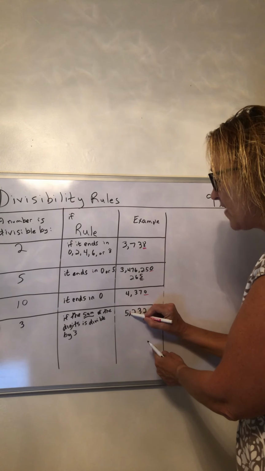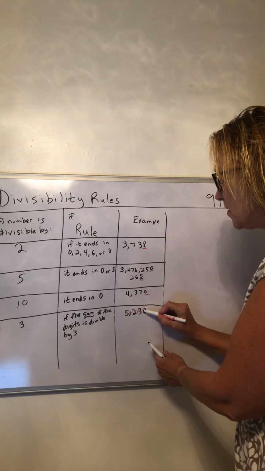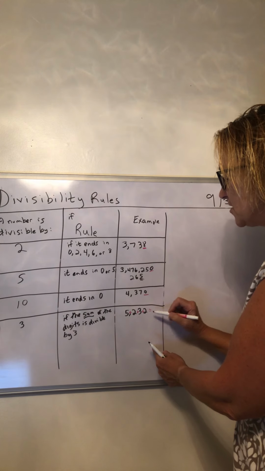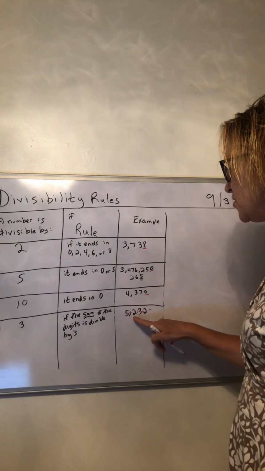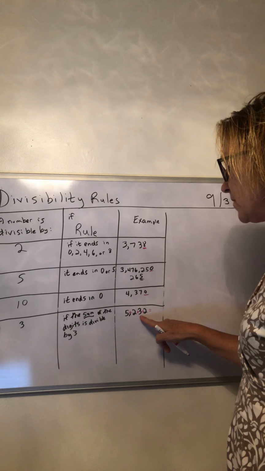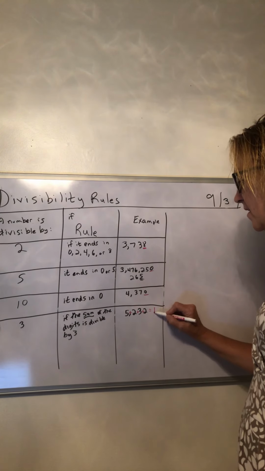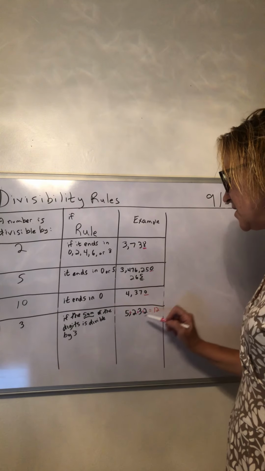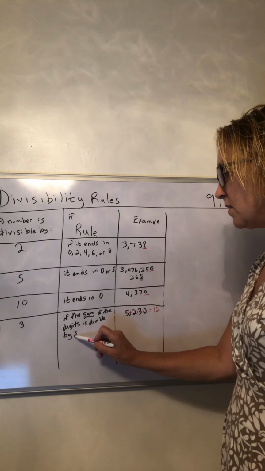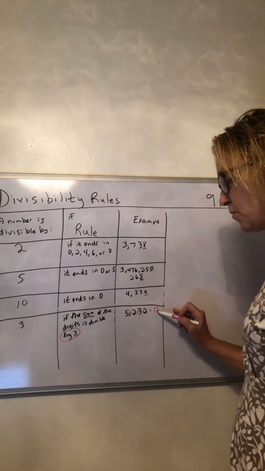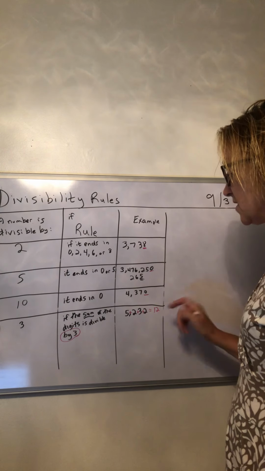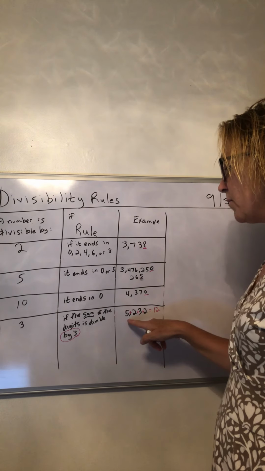So what is 5 plus 2 plus 3 plus 2? What do we get? 5 plus 2 is 7, plus 3 is 10, plus 2 is 12. So the sum of the digits is 12. Will 3 divide 12? Yes.